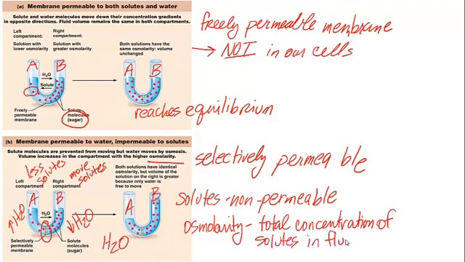So the more solutes that we have, the higher osmolarity we would have. As you can see, B has a higher osmolarity than A does, and water is always going to go down its concentration gradient. This is going to be important in determining whether cells are going to shrink or whether they are going to swell.